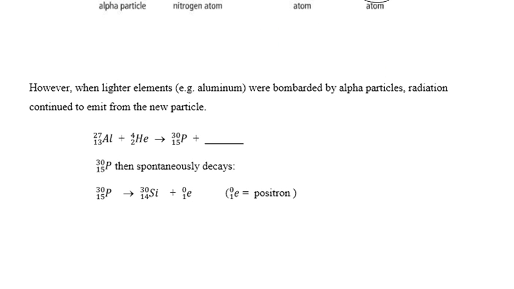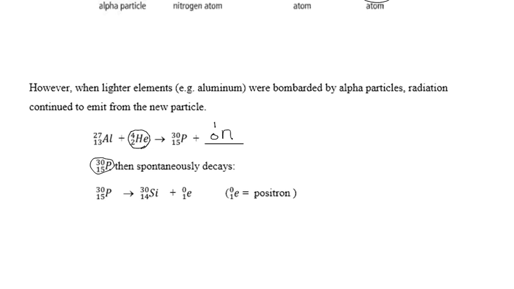So if we take aluminum and we bombard it with alpha particles, left of the arrow, so it's artificial, what will be the missing particle? And we see it's a neutron. The phosphorus-30 itself will then decay into silicon by giving off a positron.